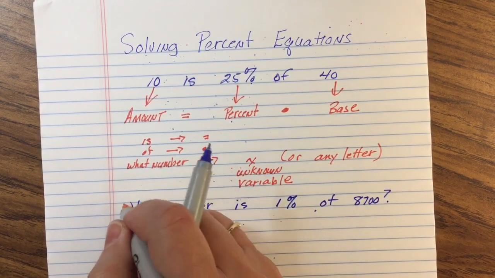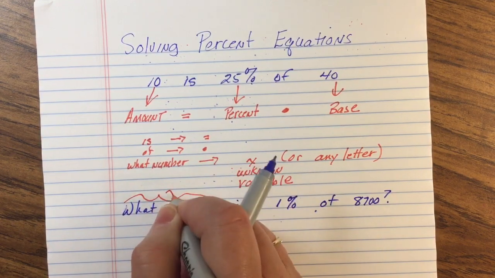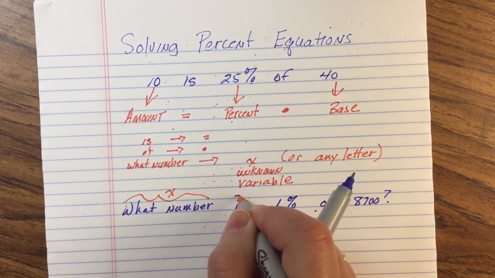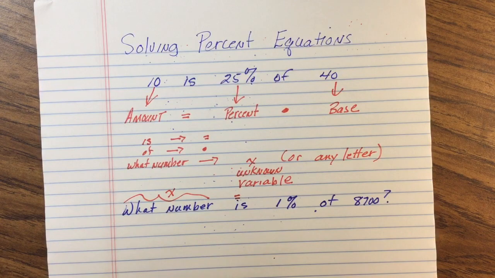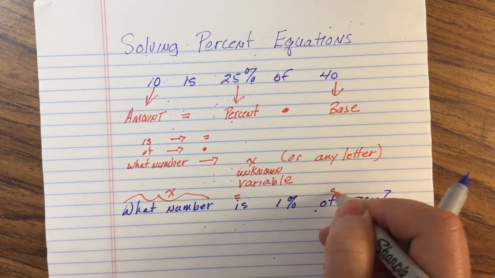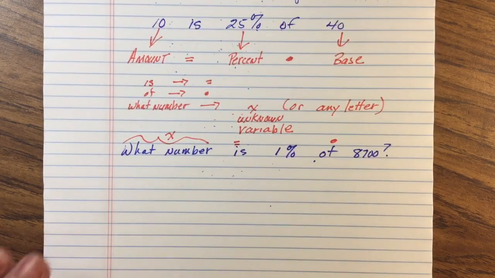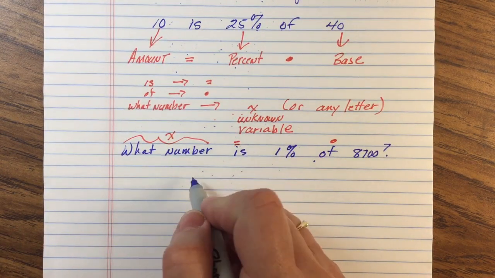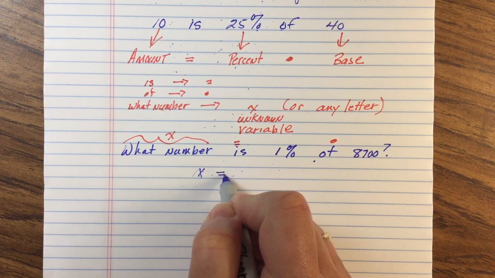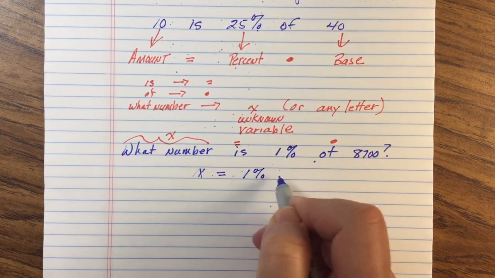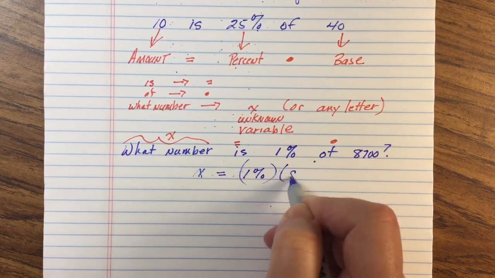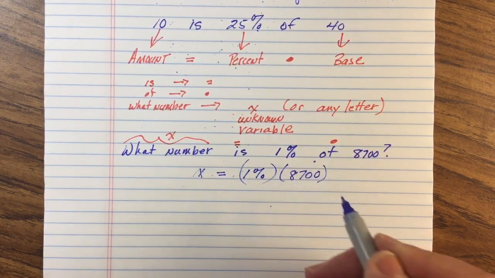Now remember, what number will use X, is is an equal sign, of is multiplication. So the equation becomes X equals 1% times 8,700.